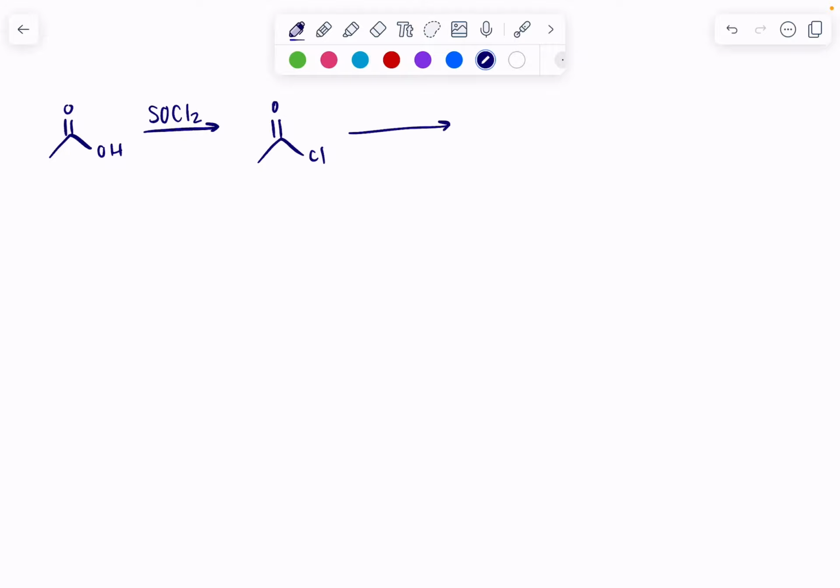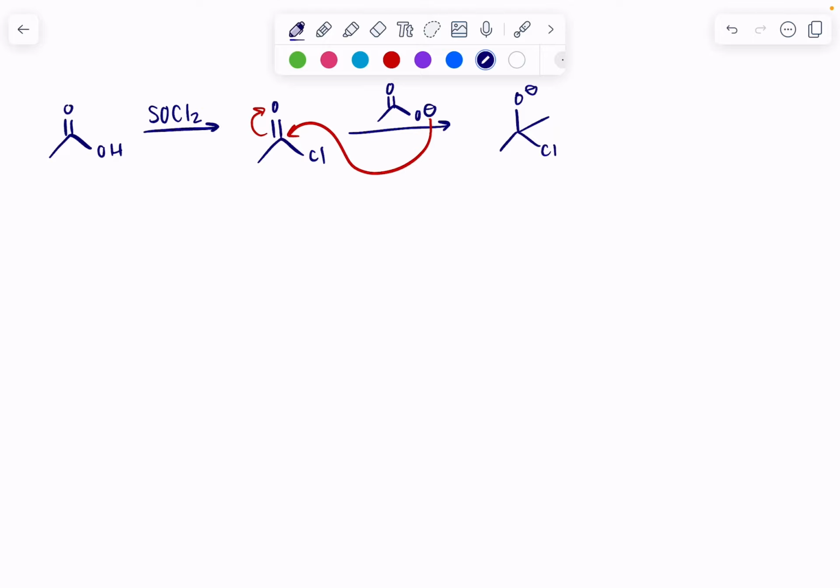And to form an anhydride, you need sort of a deprotonated carboxylic acid. So you would take this and it would have a deprotonated OH group. That would attack here, kick these out. That would give you O, we'll have a minus there.